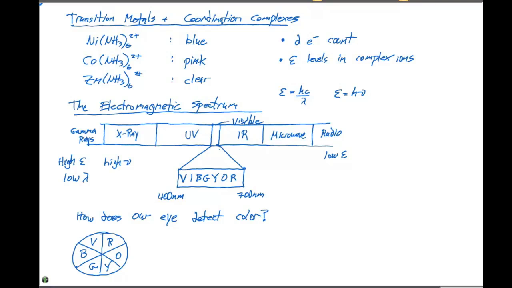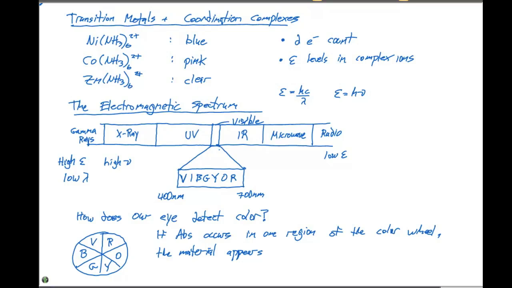Our generic definition is that if absorbance occurs in one region of the color wheel, the material appears with the opposite, which we refer to as the complementary color.